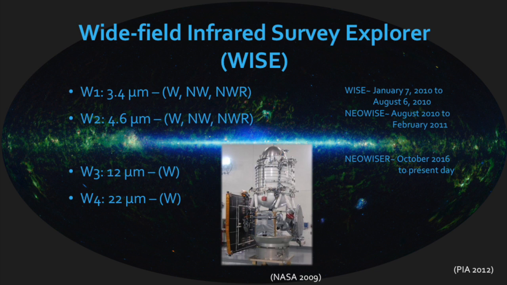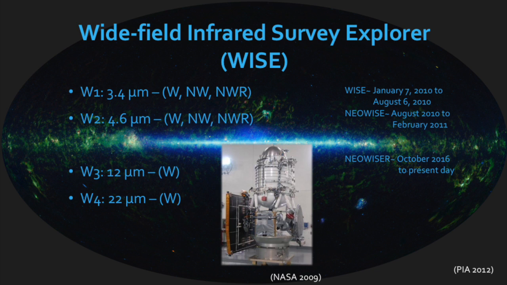In early August of 2010, WISE began to run out of cryogenic hydrogen, which allowed W4 and W3 to operate at the 22 and 12 micrometers. It was in early August that W4 became inoperable, and then in early September when W3 became inoperable. After both of these two wavelengths were ruled out, the mission was called NeoWISE.